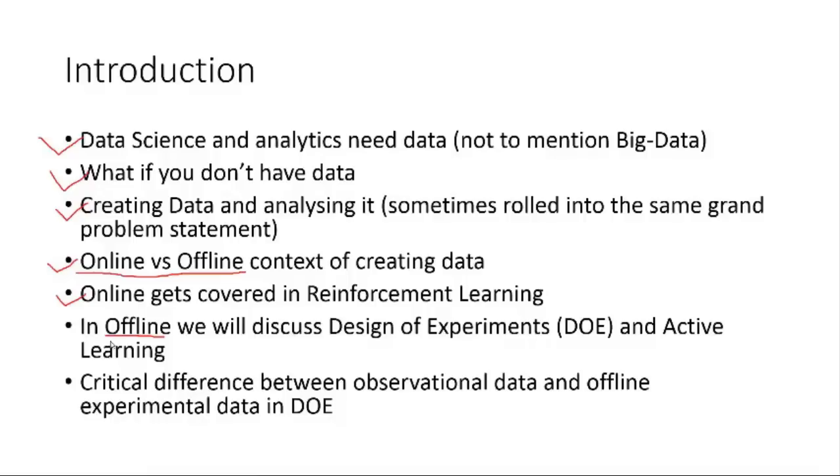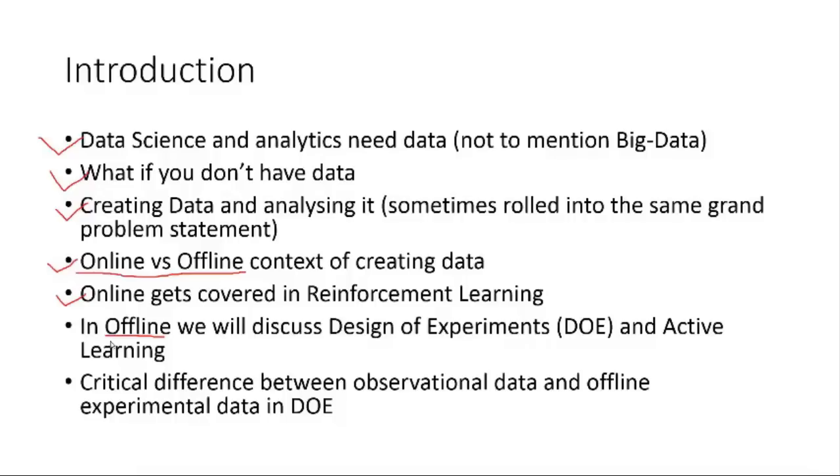But what if you stopped the entire manufacturing process, and you said, we are going to now exclusively commit some resources to experimentation, so we learn about the system. And so you play around with various settings in the machine, create products, and then you measure the products and see how well you did or how badly you did, and you learn about the system. So you created the data, you analyzed the data, you learned about the system. But these products that are sacrificed in some sense, they're not going to the end user.